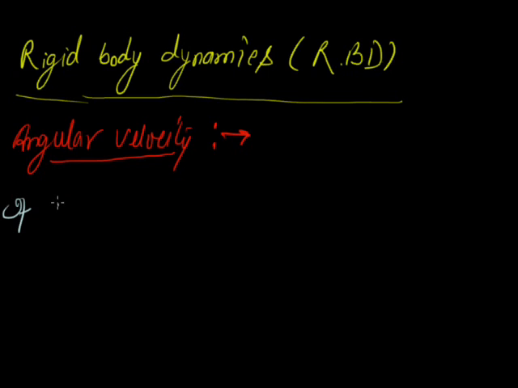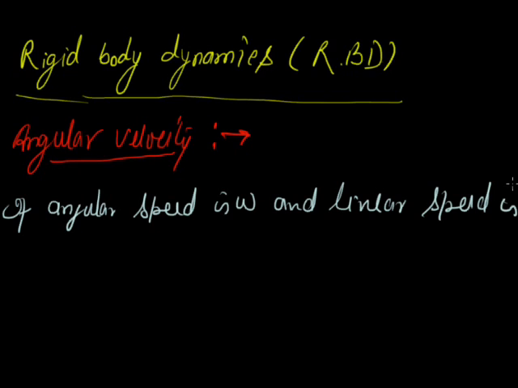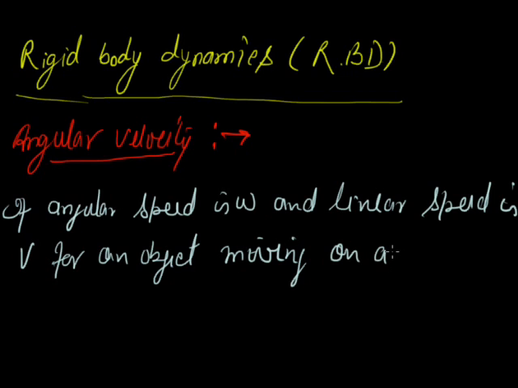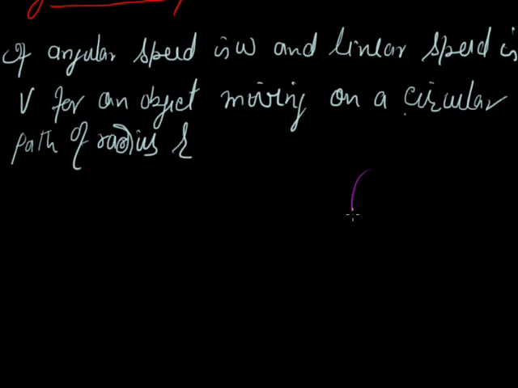If angular speed is omega and linear speed is v for an object moving on a circular path of radius r, the circle having radius r, an object at this point, this is the center, and the linear velocity is v.